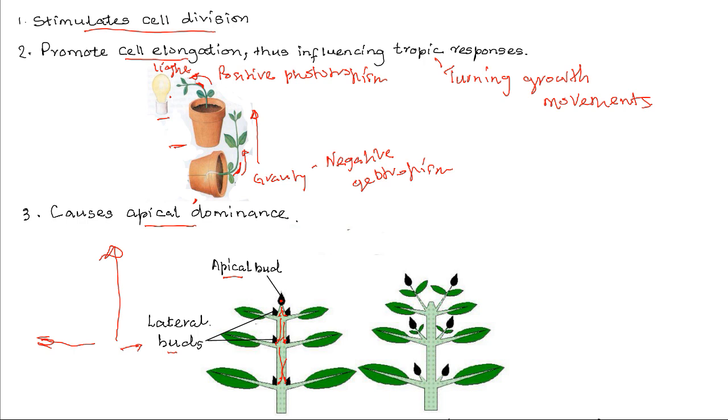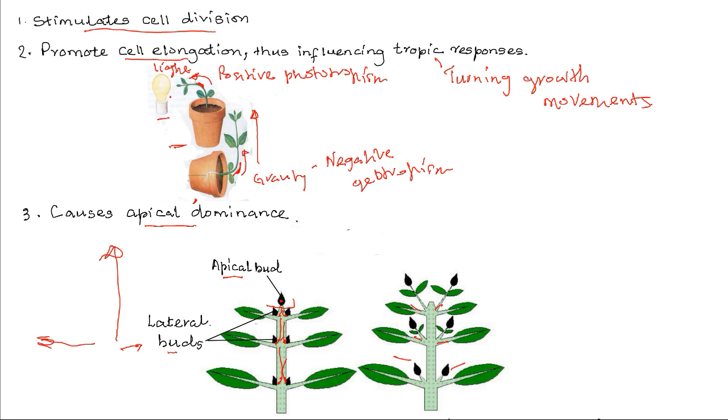However, if the apical bud is removed, more lateral buds sprout into side branches as shown here. This is because cutting off the shoot apex removes the source of extra auxins that diffuse downwards to inhibit lateral bud growth.